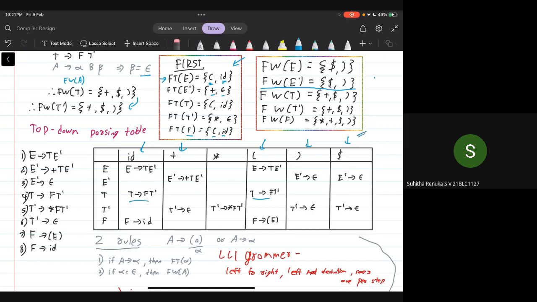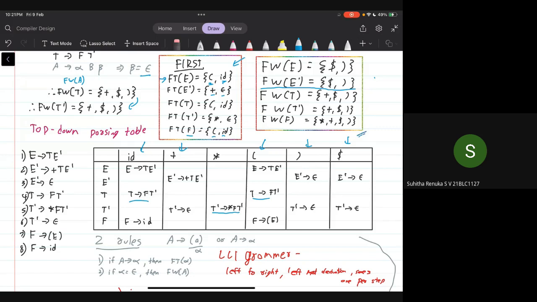Then for T dash, star and epsilon we'll see later. T dash has two rules. T dash goes to star F T dash, that I'll write under star.